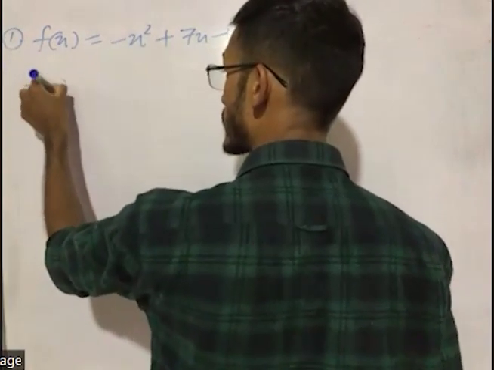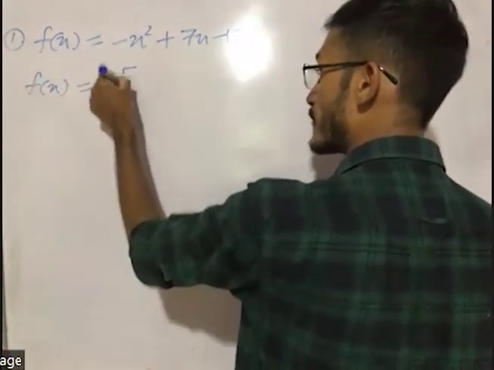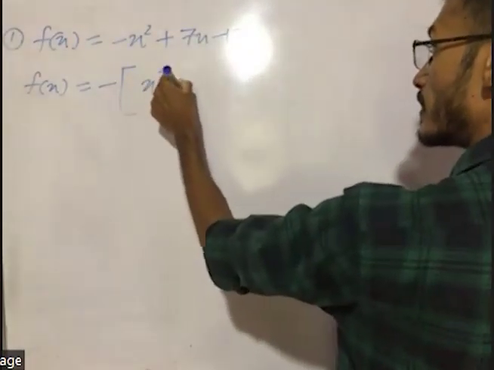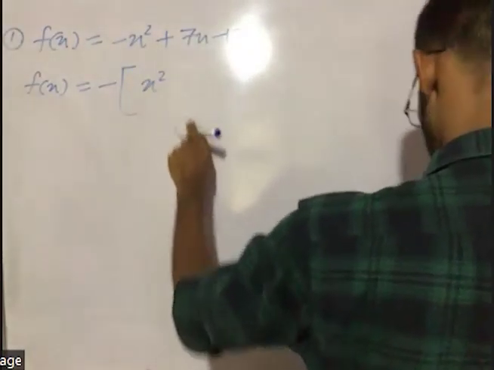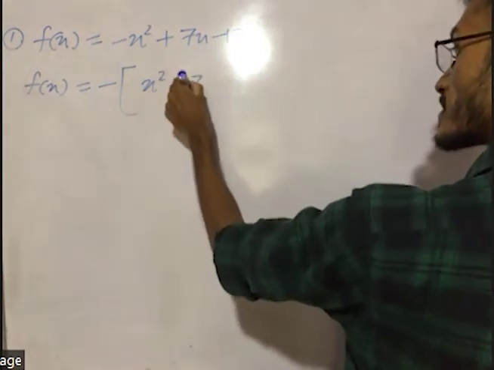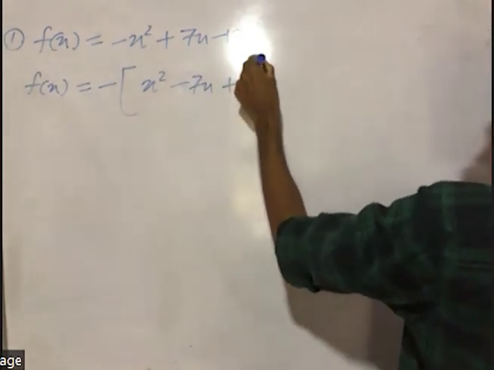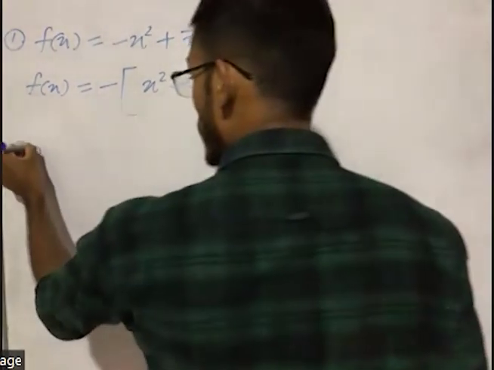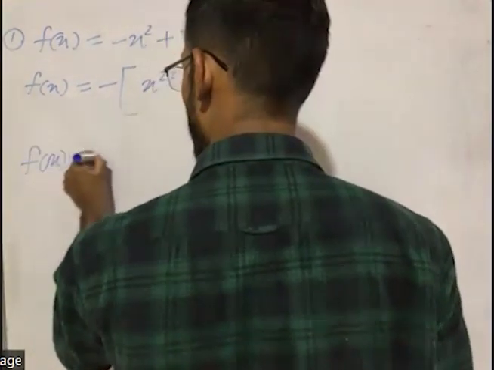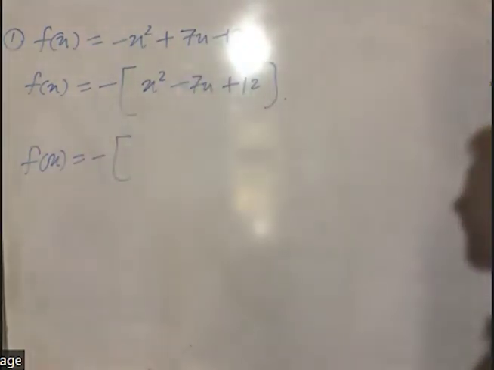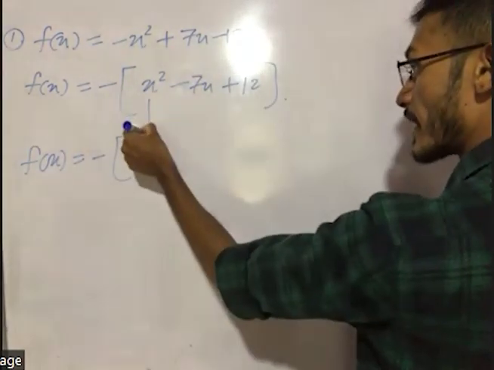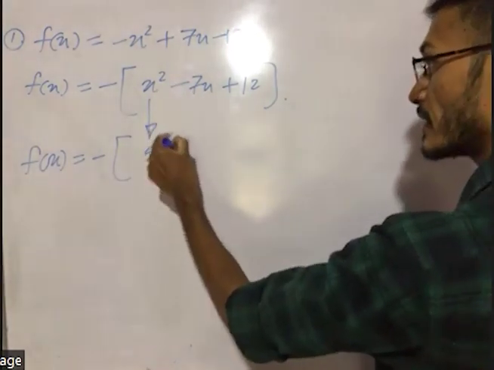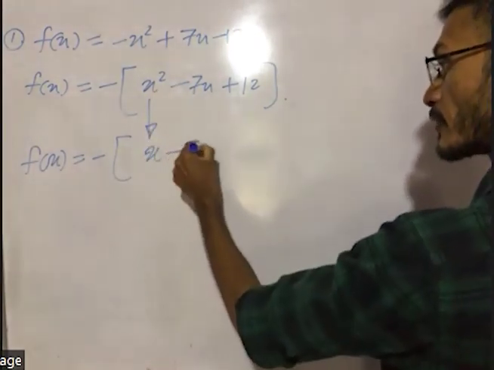Write down f(x) equal to, we can separate the negative sign: minus brackets x square minus 7x plus 12, right? Now use the completing square method. Take the x square term without the square. Then take the negative sign here. Divide the coefficient of x by 2.